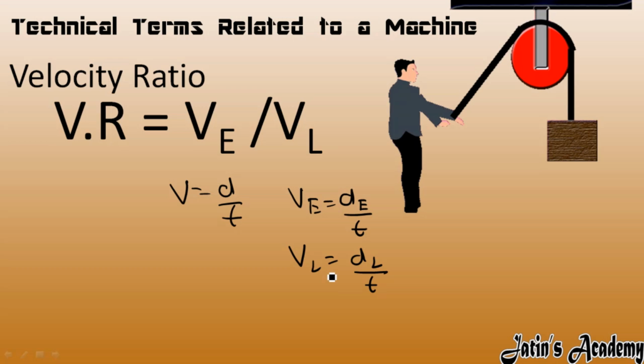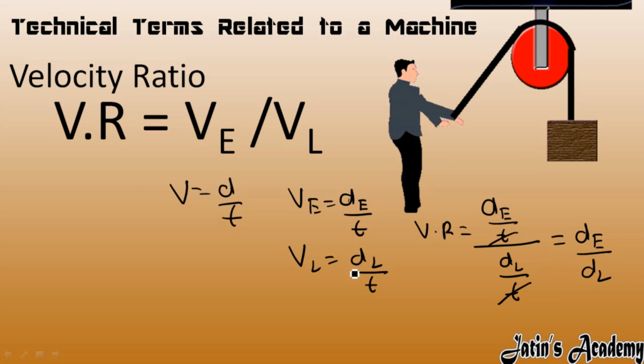So velocity ratio is displacement of effort over time, over displacement of load over time. Time and time cancel out, so velocity ratio is displacement of effort over displacement of load. This is one more and the most important formula of velocity ratio.